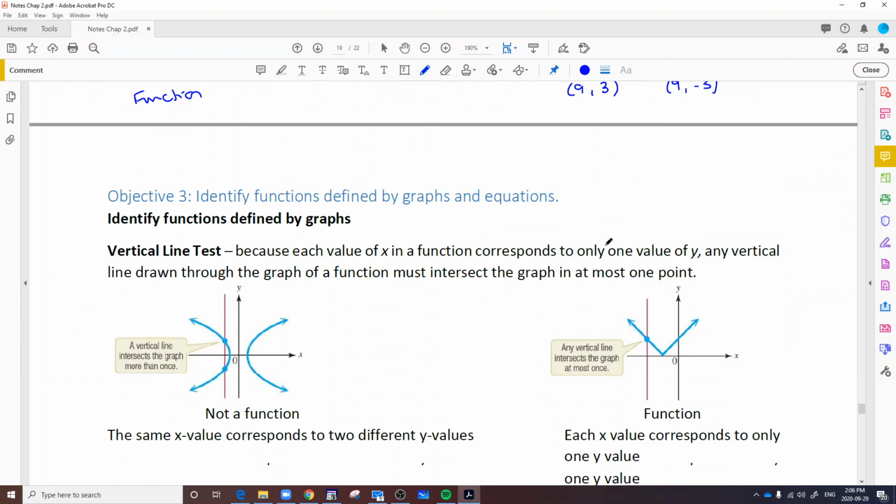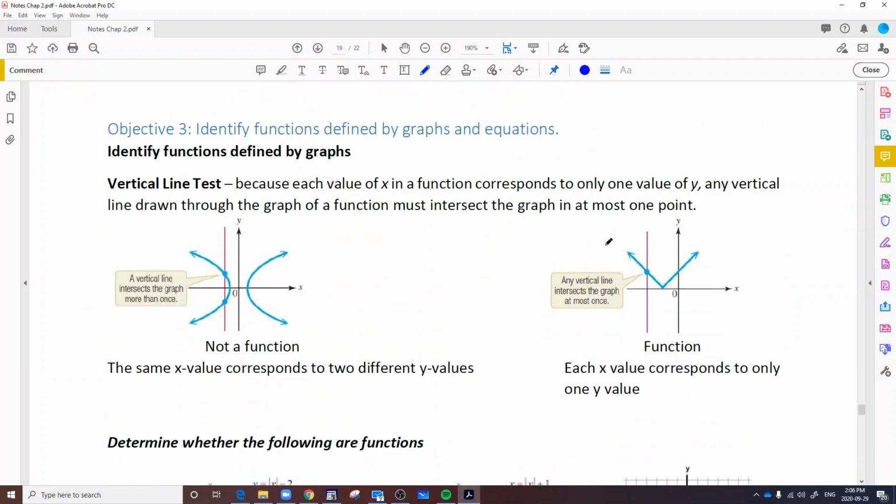All right, next objective. Going further on of this identification of a function is that you can determine if something is a function by using ordered pairs or mapping or tables of values. You can also determine it from the rule. You can also determine if something's a function by its graph. So the rule for something to be a function is that every x value can only have one y value.